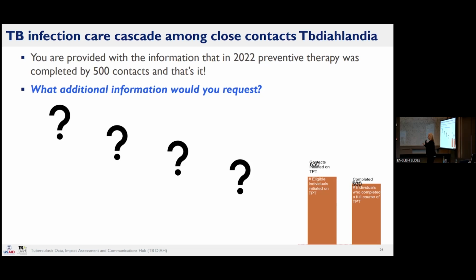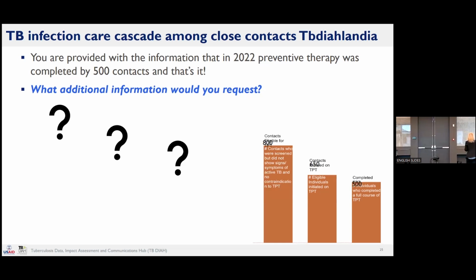Armenia, please. What should be before that? How many were sent for treatment? Yes, you are absolutely right. So contacts, eligible, recommended.